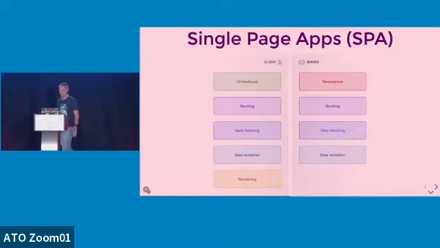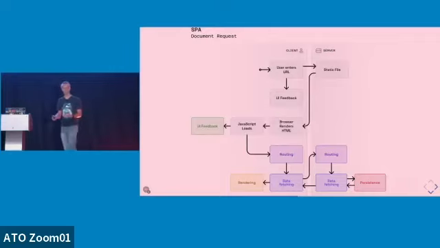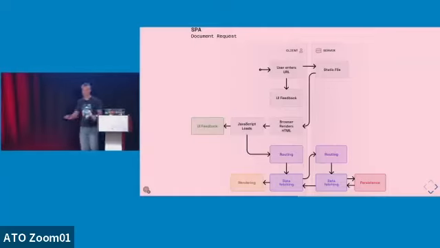The document request for a SPA, single-page app, is not great, especially for anything dynamic. The user enters a URL that goes to your CDN. That's going to have an index HTML that has a body with a div that says ID equals root, and that's it. This was especially true at the beginning. Now a lot of people are doing static site generation, improving this a bit, but for the most part, anything dynamic, you need to have some sort of loading state in there.